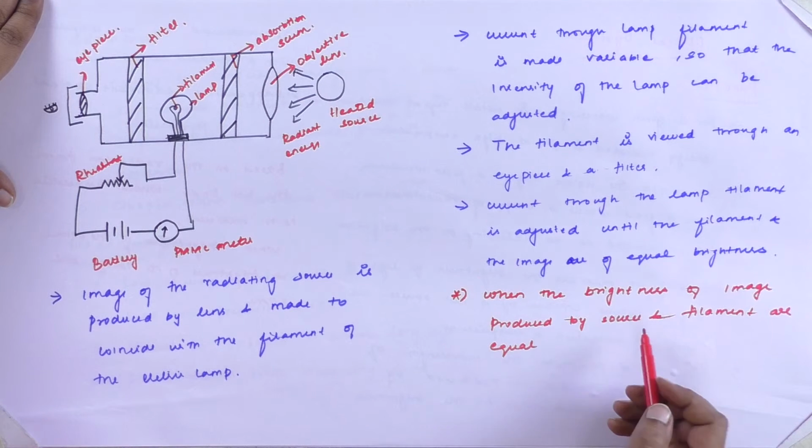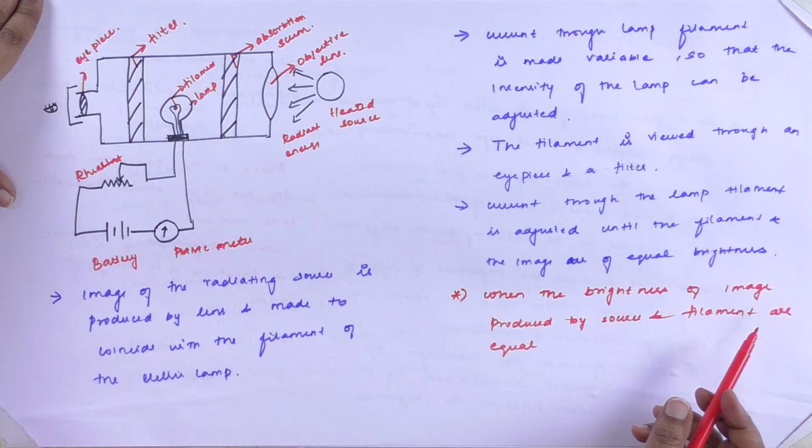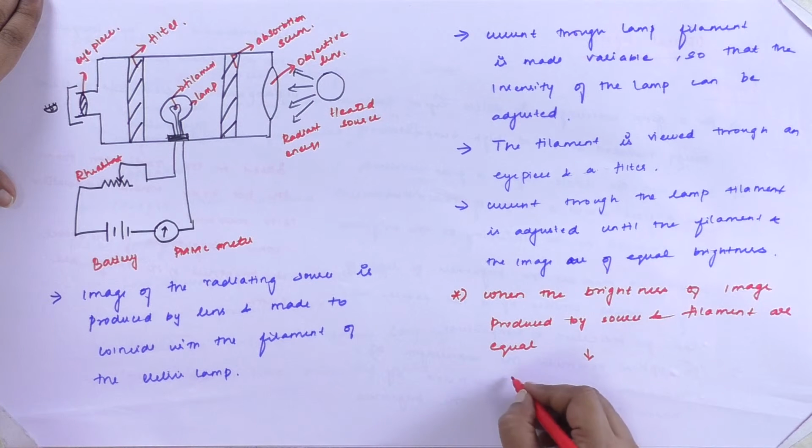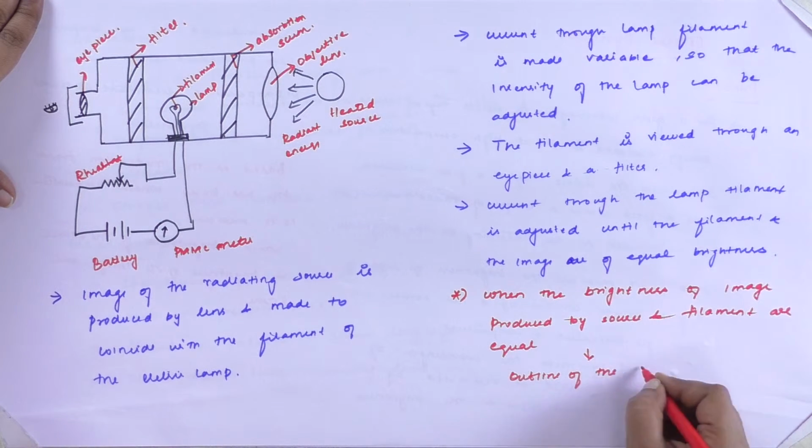So the brightness of the image of the hot body whose temperature is to be measured and the filament are equal, then the outline of the filament disappears.